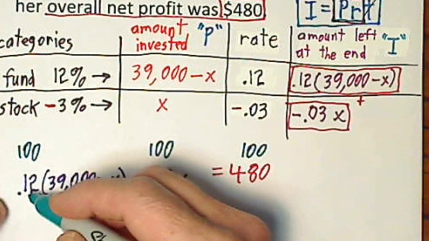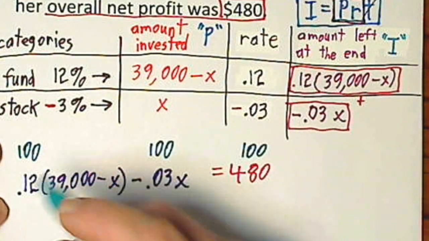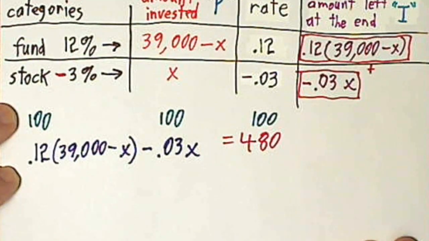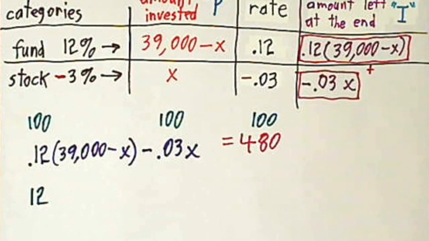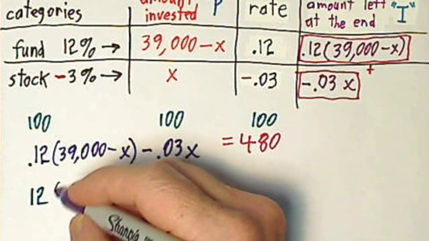Okay? So 100 times 12 hundredths is, make sure I'm not running out of room here, simply 12. And we still have our parentheses.